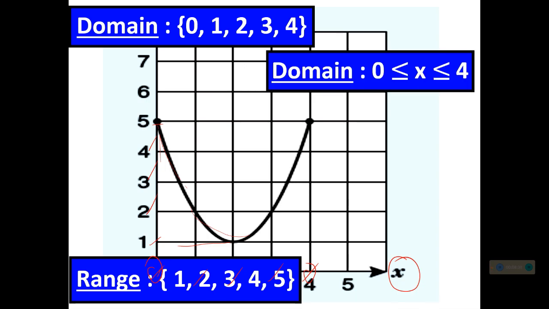We may also express our domain as an inequality. Since we're done with inequality 2 weeks ago, we can express the domain as x is greater than or equal to 0 but less than or equal to 4. Why? As I have said earlier, in our x-axis it touches 0 here, so your x value starts with 0 and ends with 4.